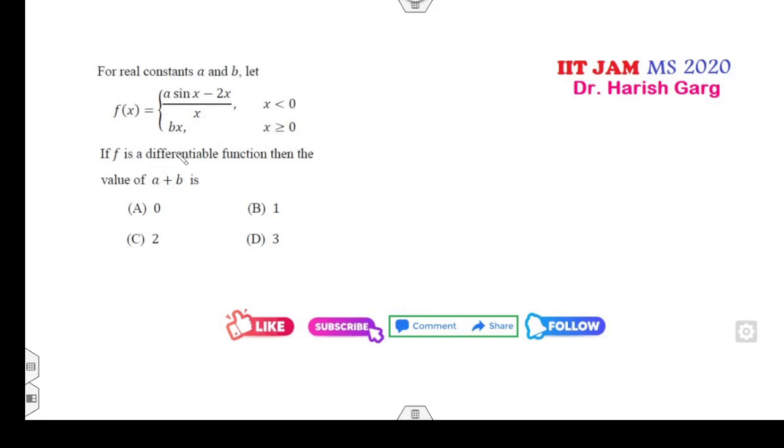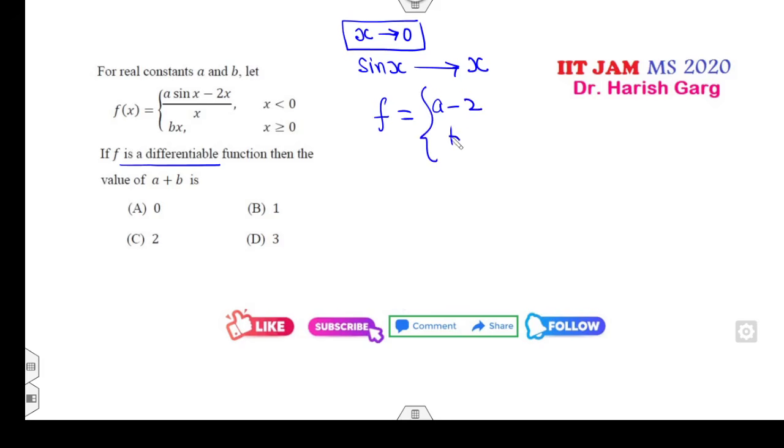f is a function, f is differentiable. They are talking about the x approaches 0. Whenever we are talking about the x approaches 0, I can replace sin x to be x. So your function will be a minus 2 and bx, for x strictly less than 0 and x greater than 0.